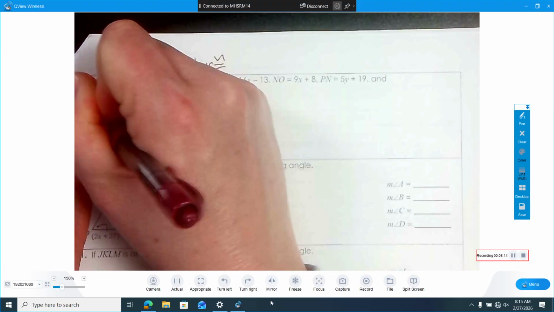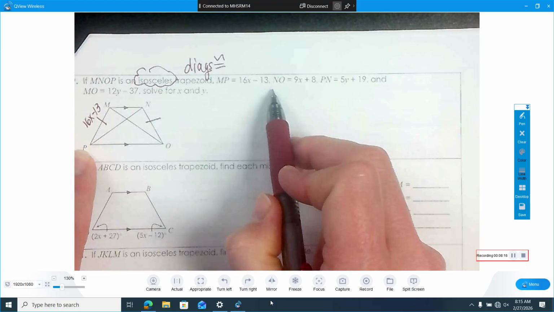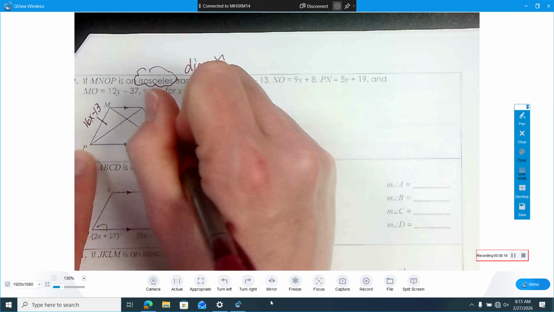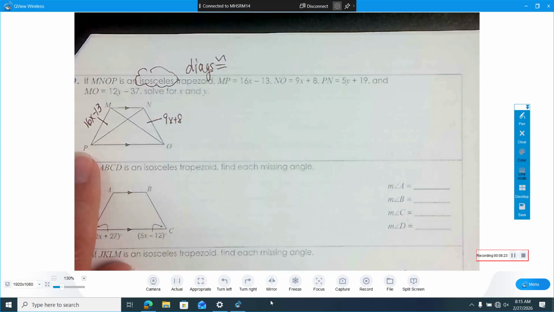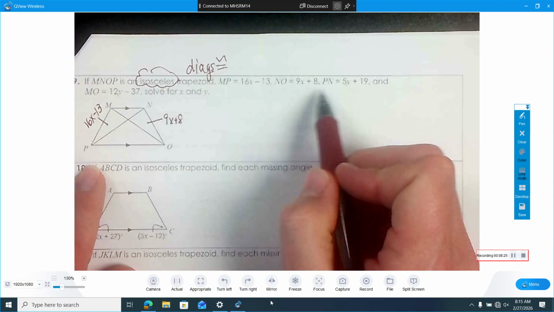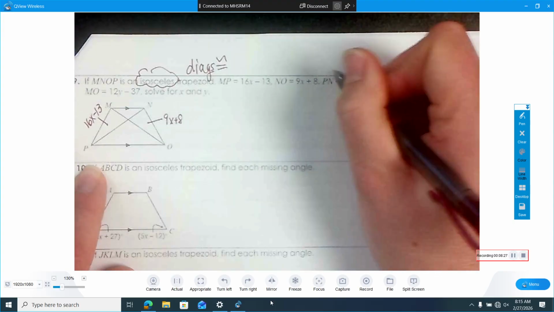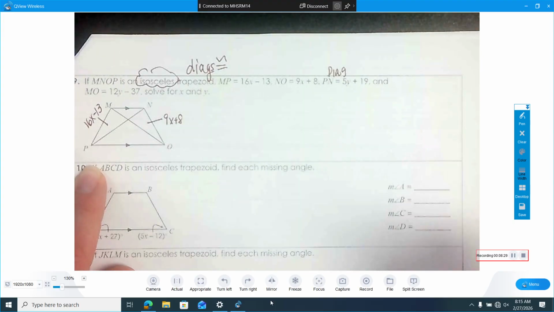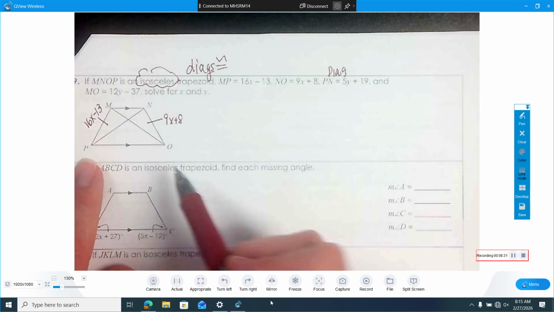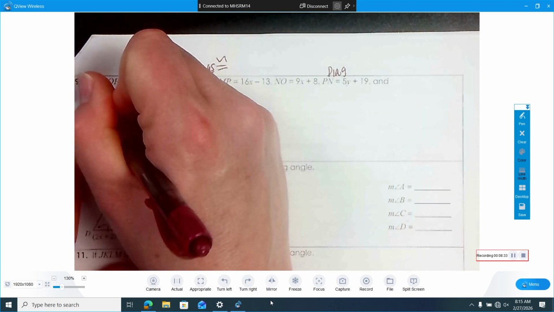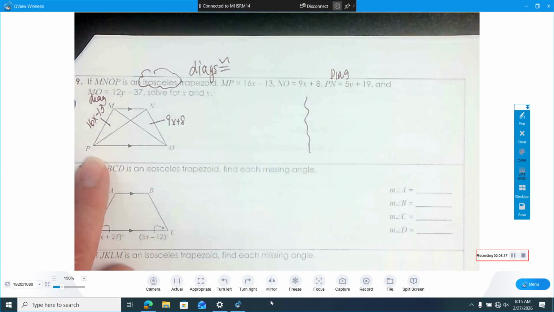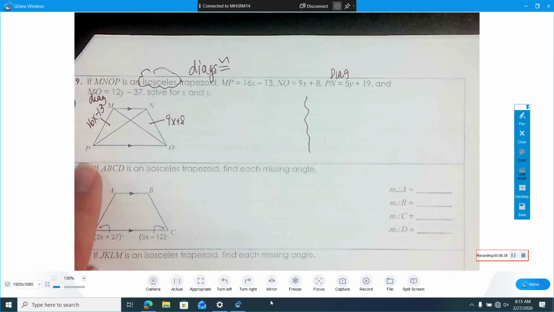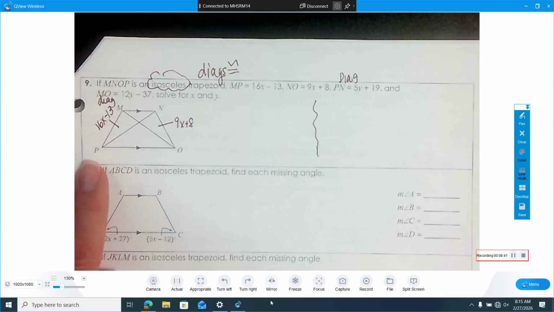NO is 9x plus 8. Marking my picture up here. PN is a diagonal, and MO is also a diagonal. Solve for x and y. So I need 2 equations, ladies and gentlemen, to solve for x and y. What are my 2 equations?